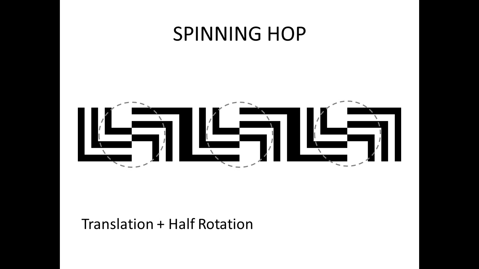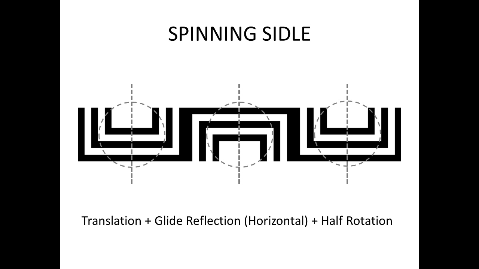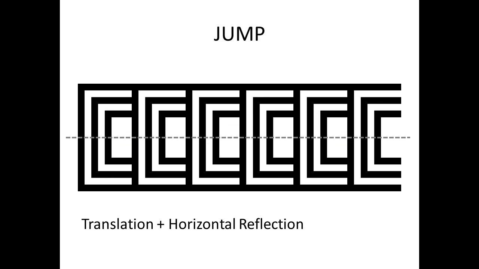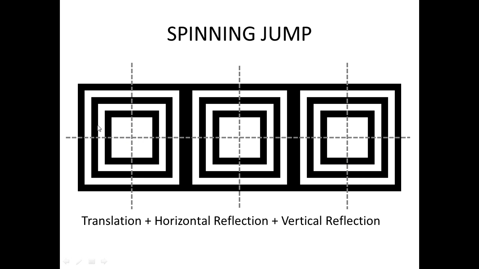You can have a spinning hop, so they translate and then rotate half, or 180 degrees. Then you can have a spinning sidle with a translation plus a glide reflection plus a half rotation. You can have a jump, which is a translation and the horizontal reflection. And the last one, a spinning jump, which is a translation plus a horizontal and a vertical reflection.